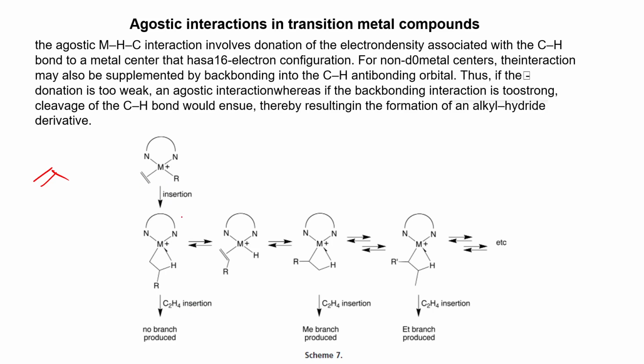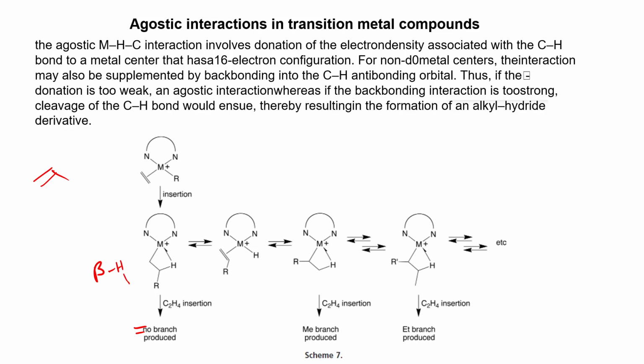So this we have seen for Ziegler-Natta, right? This is also one of the consequences for no branch product formation, right? Because if we have this kind of insertion, only then you can see that beta hydrogen agostic effect, and in that way the system would be stabilized.